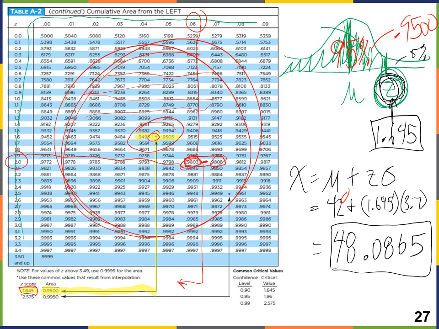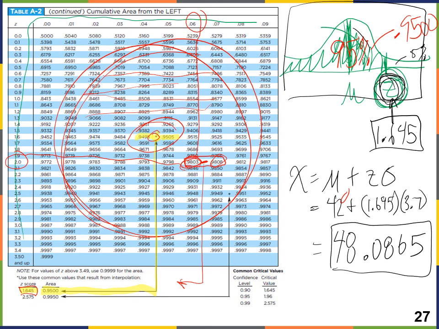Again, this question's ridiculous, but the point of the question is we're working this problem in reverse from all the previous questions. So what you're going to have to get used to doing is reading this table both forward and backwards. Okay? This is where the picture really comes in handy. If you know what you have and know what you're looking for, you'll know how to read this table.